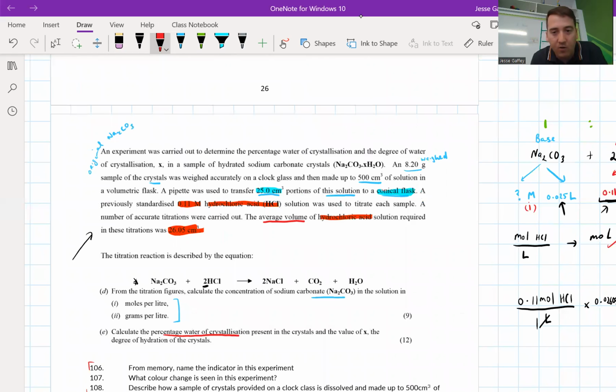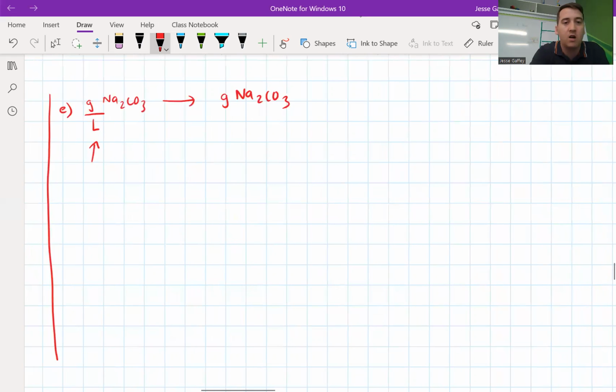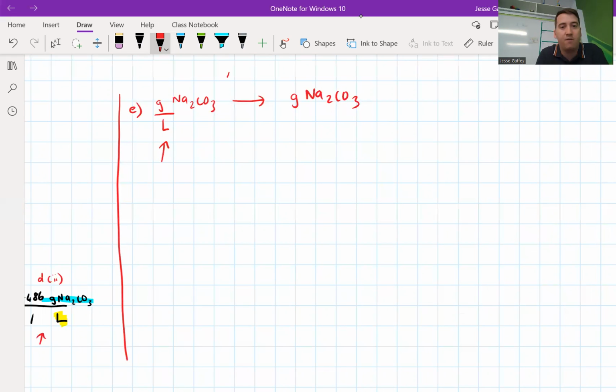It says 8.2 grams of crystals were weighed out and the solution was made up to 500 cm cubed. So that's not a full liter. So remembering that 500 cm cubed is how many liters? Most of us should be able to try and do that in our head. It's 0.5 liters. Okay, so that's our first step, is to find out how many grams of sodium carbonate should have been in the half a liter.